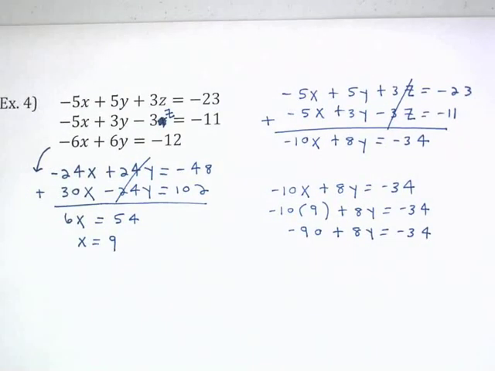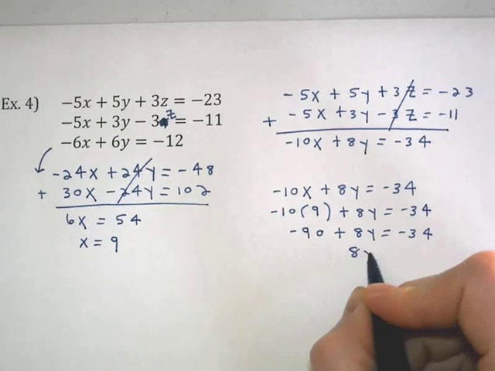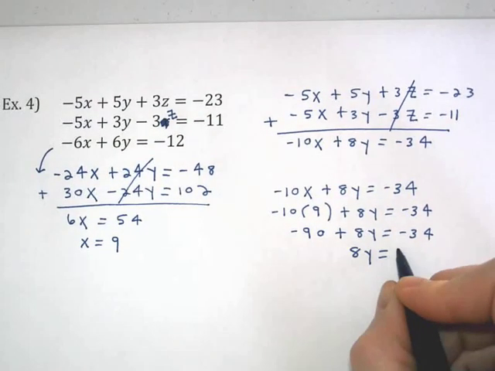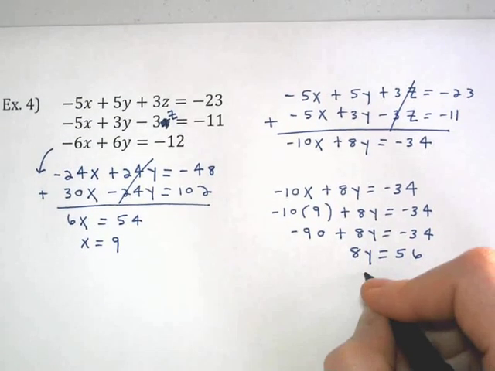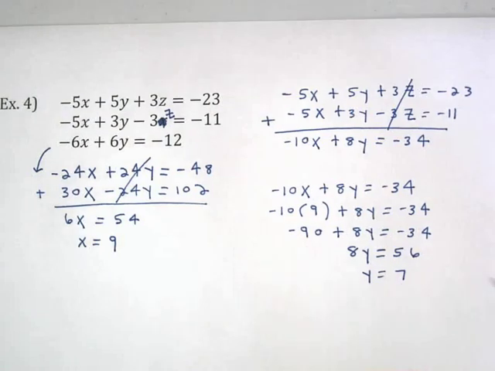So I get negative 90 plus 8y equals negative 34. So then I'm going to add 90 to both sides and get 8y equals 56. And that means y equals 7.